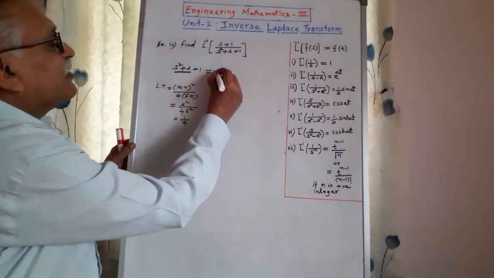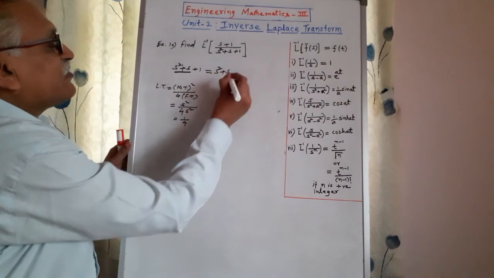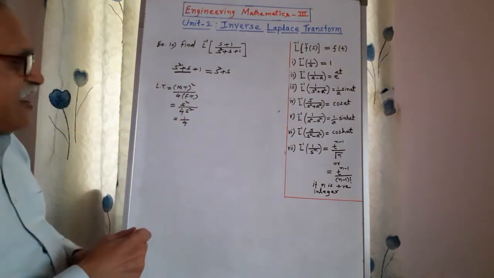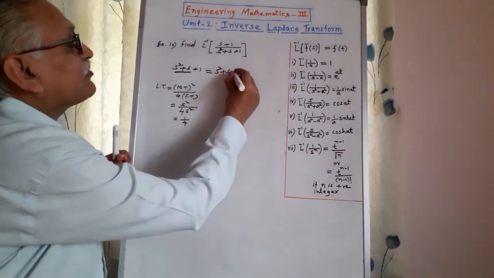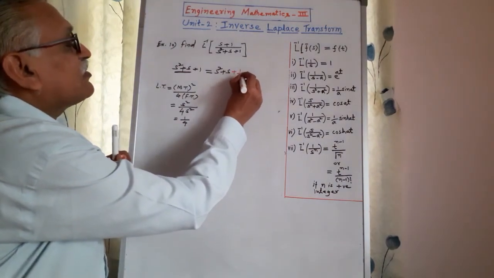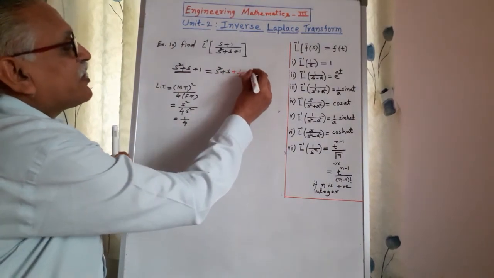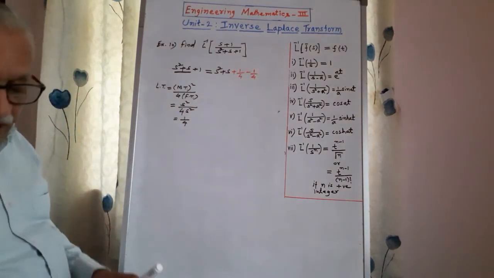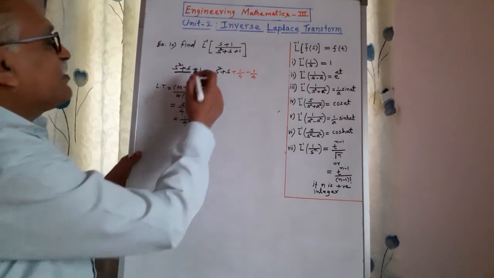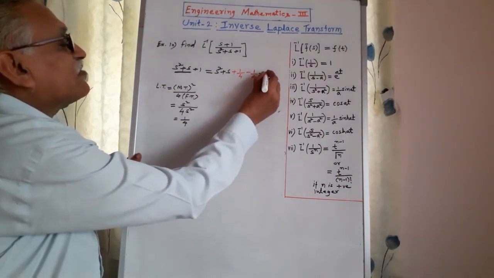Therefore here it is s square plus s. Here I will add plus 1 by 4. Subtract the same number, minus 1 by 4. Adding and subtracting the same number, and plus this original 1.